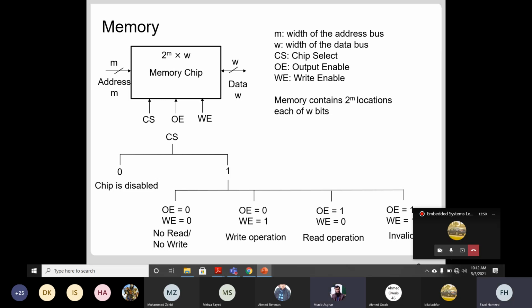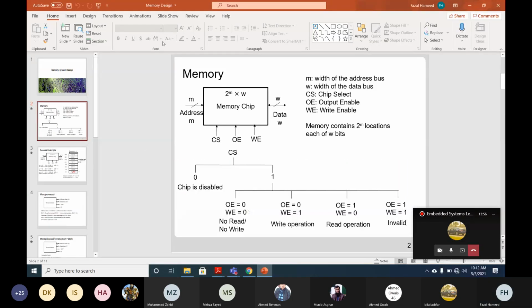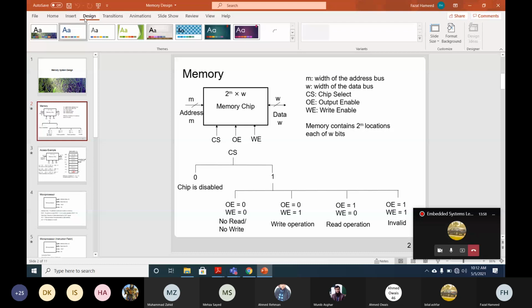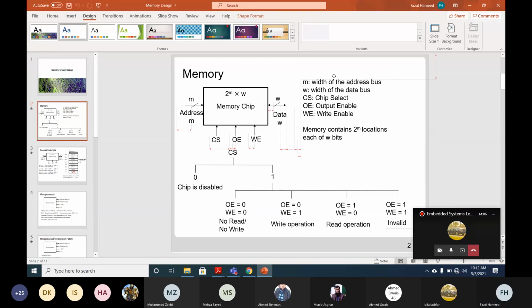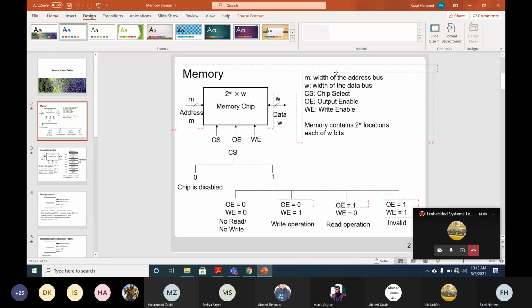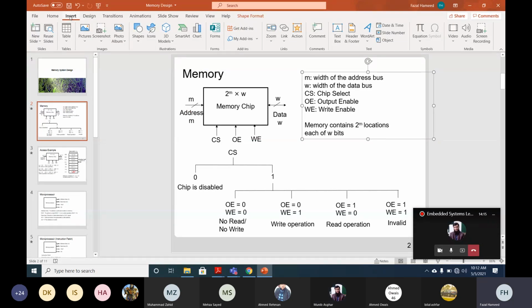It is the data lines, the width of the data bus, always written on the right hand side. So it's the width of the address bus, then you have the width of the data bus.